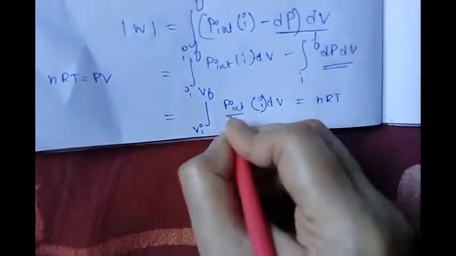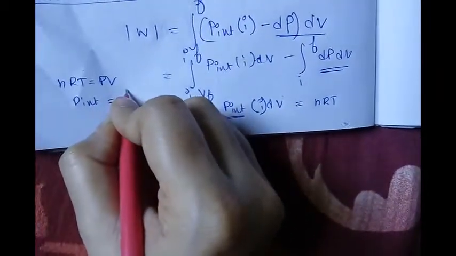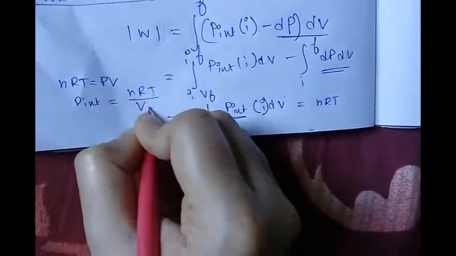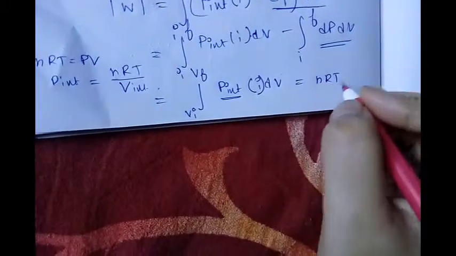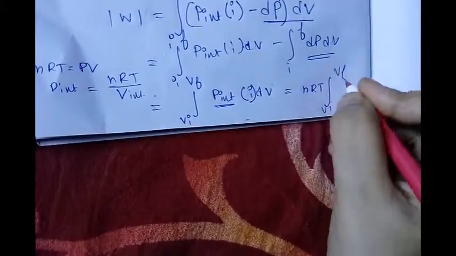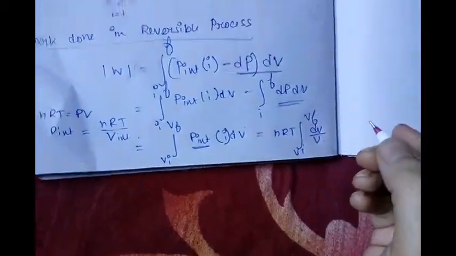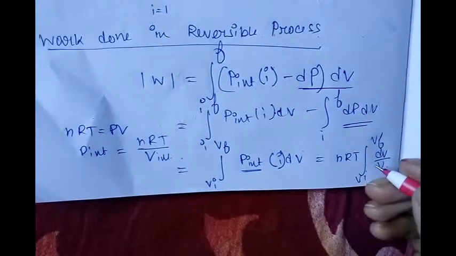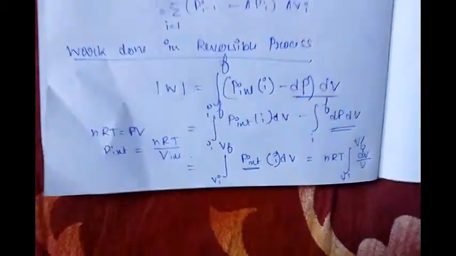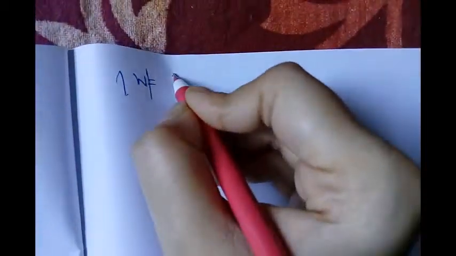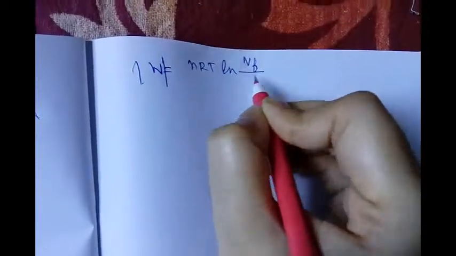Hence we can write P internal as nRT by V internal, so it will be nRT dV by V, nRT integral from Vi to Vf of dV by V, and will ultimately become, by integrating this value, work done in reversible process, mod of W equals nRT ln V final by V initial.